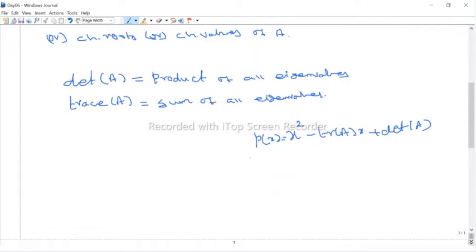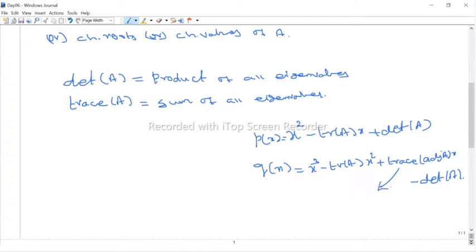And then we can extend to the 3 by 3 matrix. The characteristic polynomial of any 3 by 3 matrix is of the form x cube minus trace of A x square plus trace of the adjoint of A into x minus determinant of the matrix.